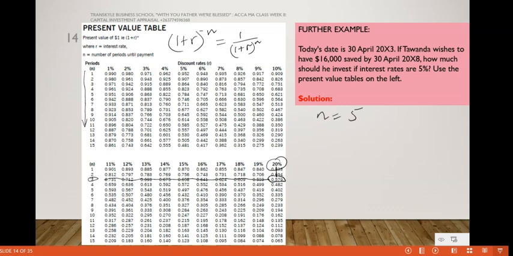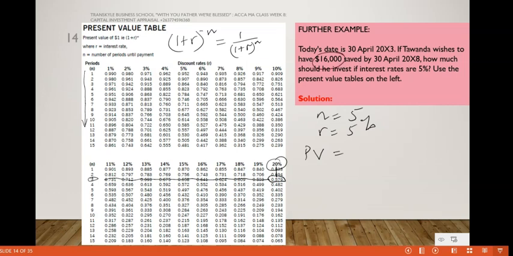Our r is equal to 5%. So the PV, the present value, should be calculated.